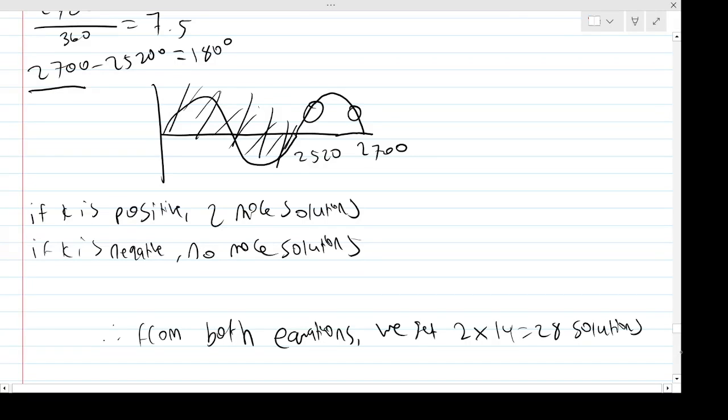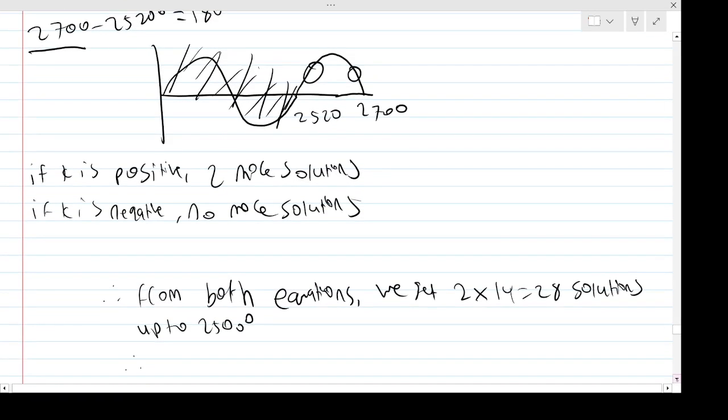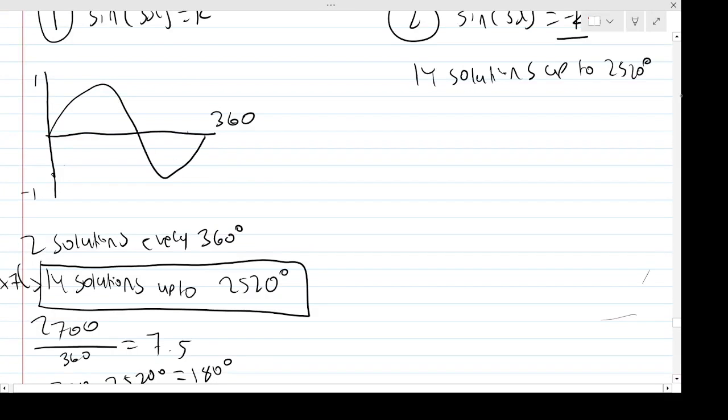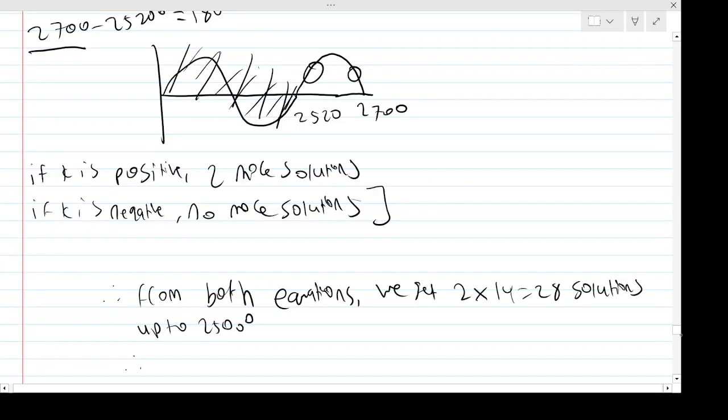We get 2 times up to 2,520 degrees. Then obviously we got the extra 180, the last 180 part of the graph. So we would either get 2 solutions if k is positive, or no extra solution if k is negative. But as we discussed, in one case k is positive, and in the other case k is negative. So in one of these equations we would get 2 more solutions, and in the other equation we would get no solutions.